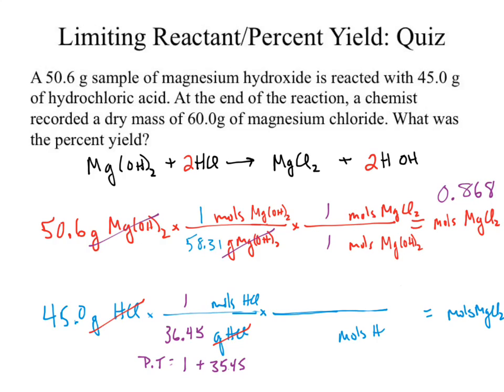So moles of HCl needs to disappear, and what unit do I want? Moles of magnesium chloride. Do I have the conversion factor there? 1 and 2. Where did I get the 1 and the 2 from? Those were the coefficients directly in front of those units in my balanced equation. What do I get for an answer?